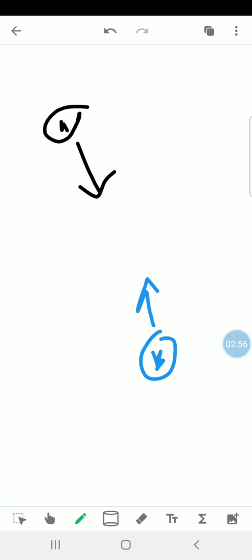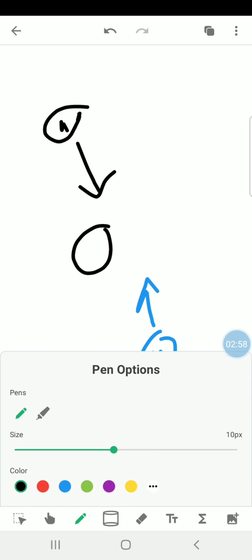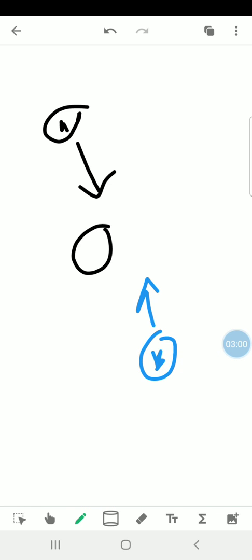So then in the end you will get an AB, you will get the AB structure. So this whole thing would be a new product.